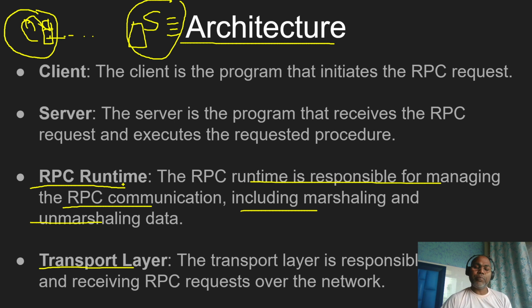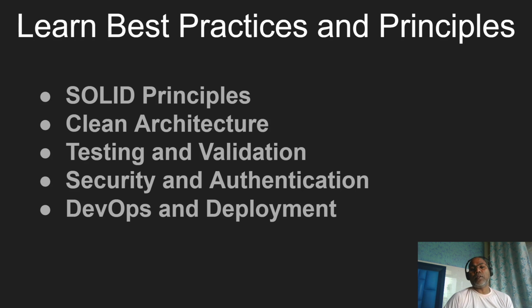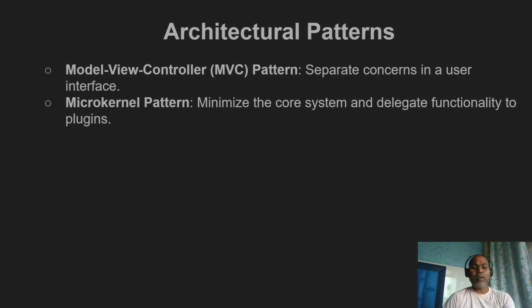So this RPC also works with the transport layer, and by the transport layer the data is transferred. Again, the RPC runtime reads the marshaled data, unmarshals it, and says, hey, this is the particular procedure the client wants to call. So these are the basic components: your client, your server, the RPC runtime, and your transport layer. This is the architecture of RPC.